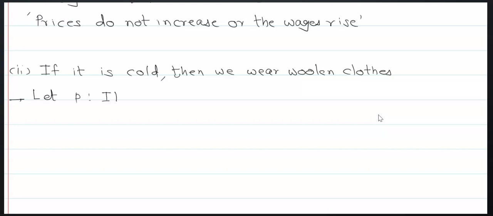There is a small mistake in spelling, W-O-O-L-E-N. Okay. Next is P, it is cold. Q, we wear woolen clothes.